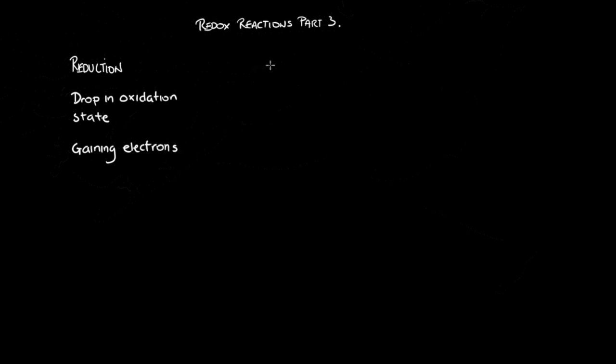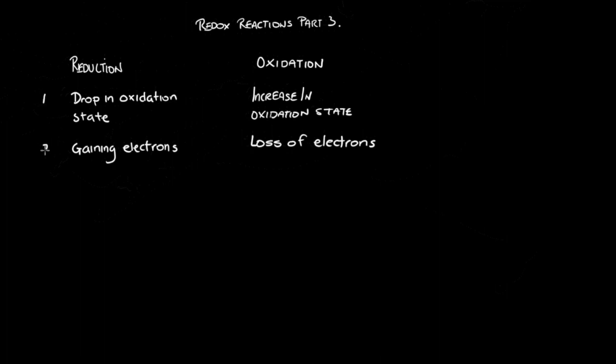Okay, let's now have a look at oxidation. Oxidation is the opposite of reduction, so we would expect to see an increase in oxidation state. How does this occur? Through the loss of electrons. Great, so here are your first two definitions.